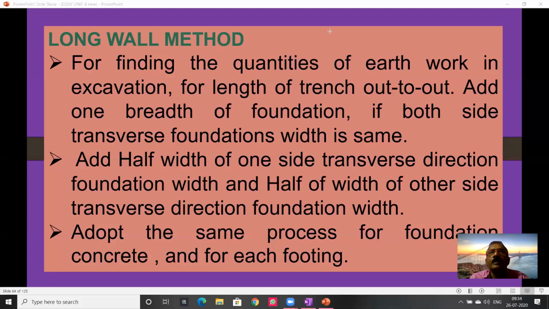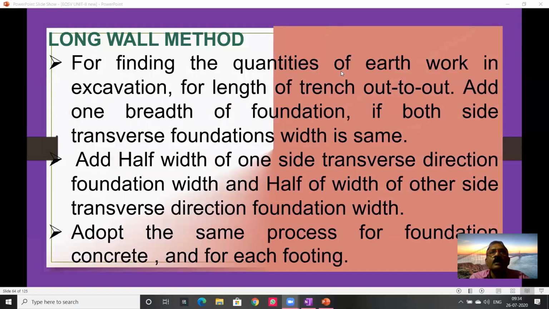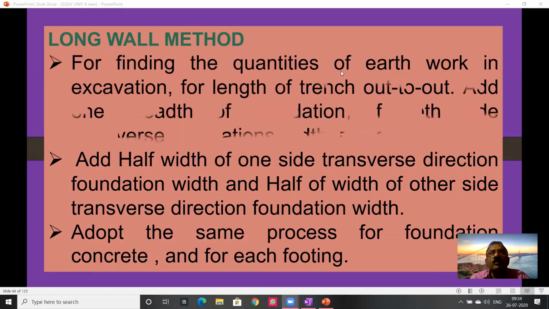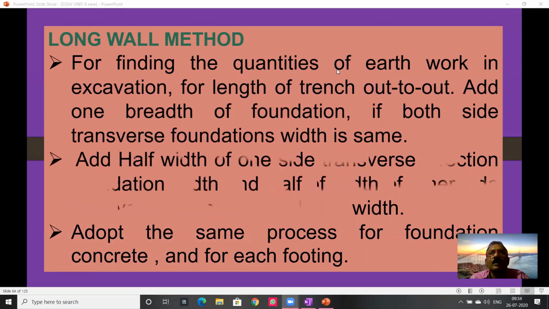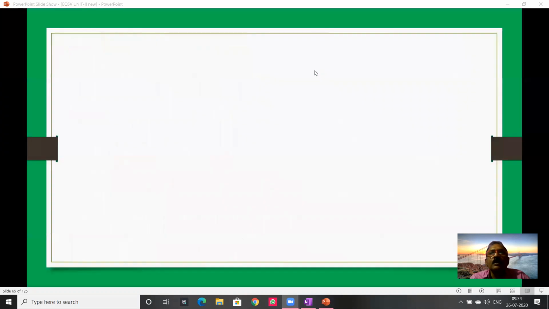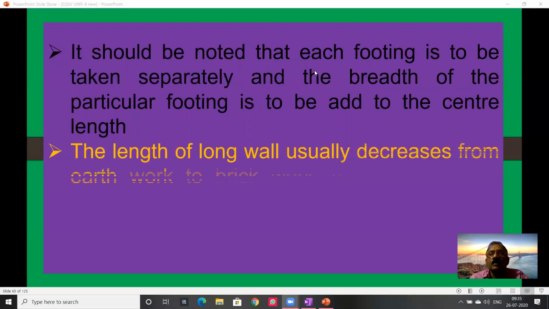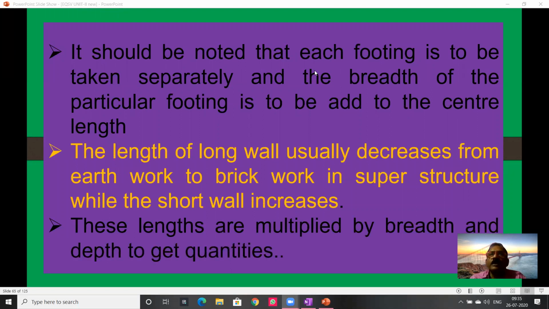Here, in the long wall, you should note that each footing is to be taken separately.